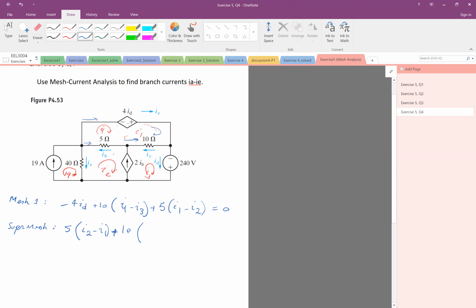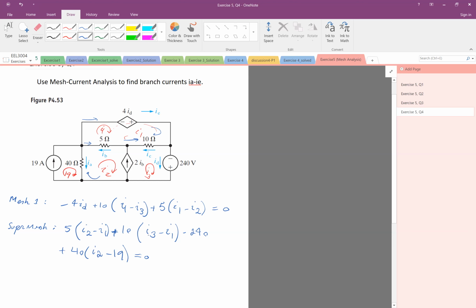I'm going this way, so I3 minus I1 minus 240 volts. And then the last term is 40 times, going up, I2 is in my direction, I2 minus 90. Equal to 0. Very good.